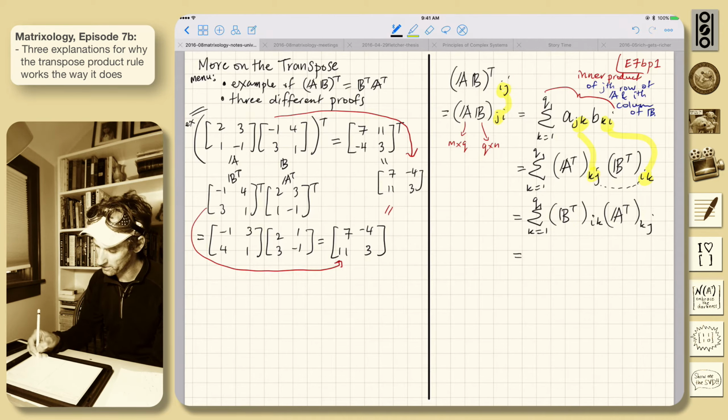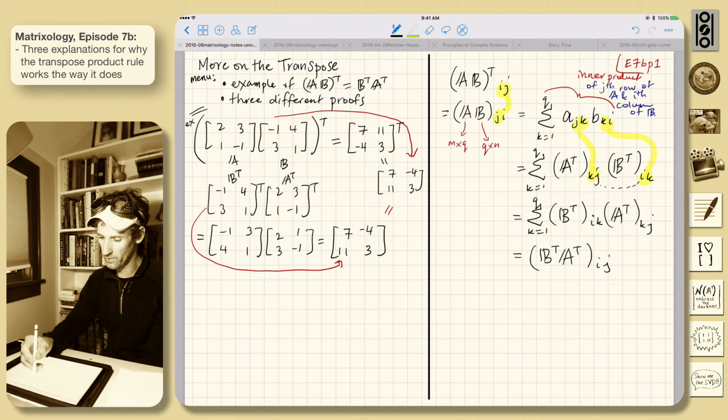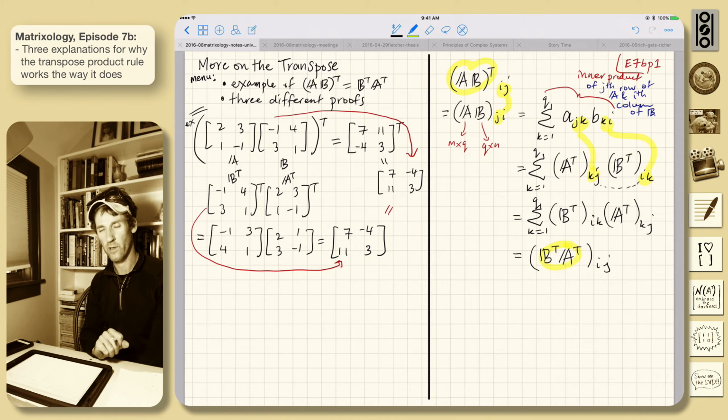So this is just B transpose, A transpose, the ijth entry. So these things are the same. Whoops, I missed it. AB product, transpose, equals B transpose, A transpose.